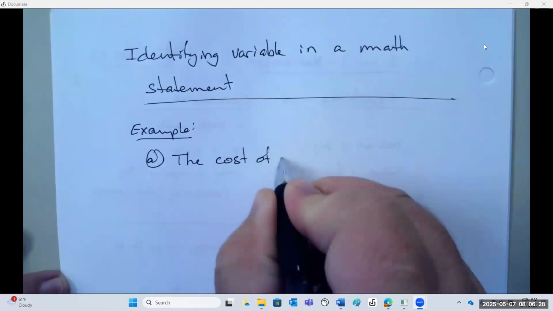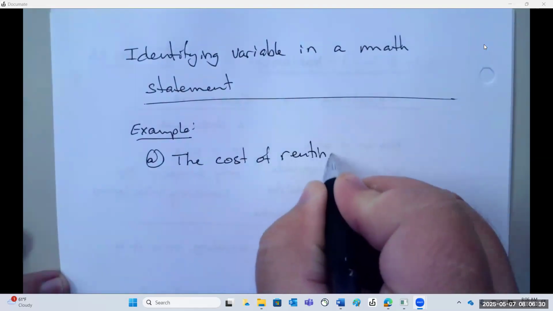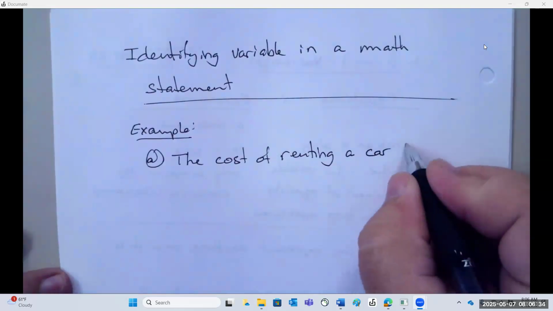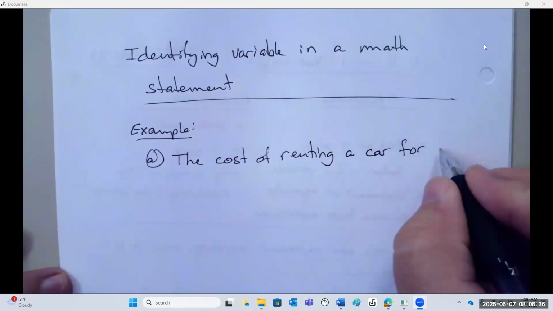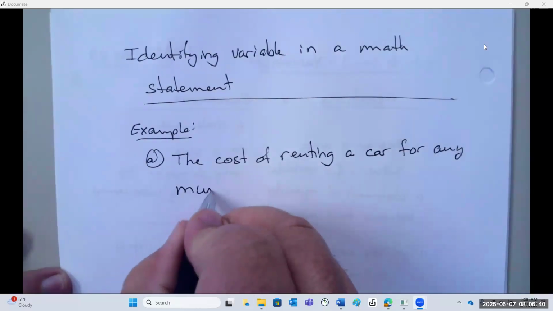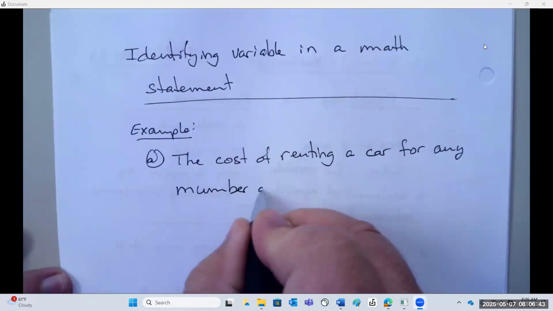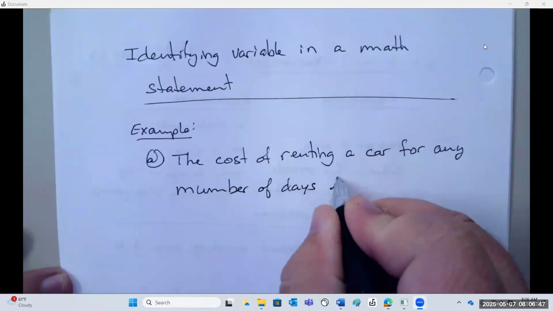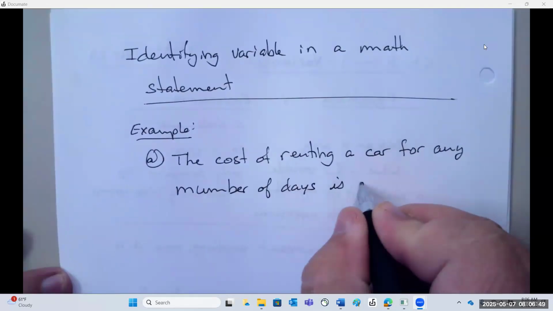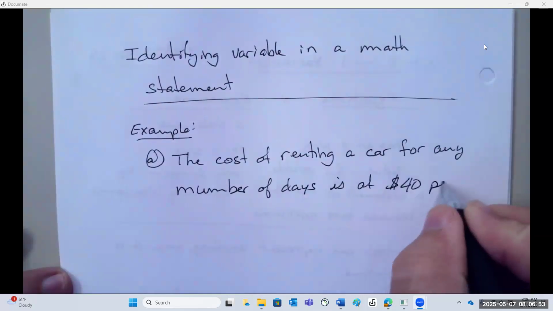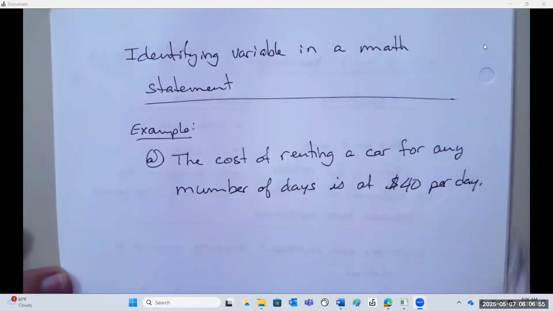The cost of renting a car for any number of days is $40 per day.